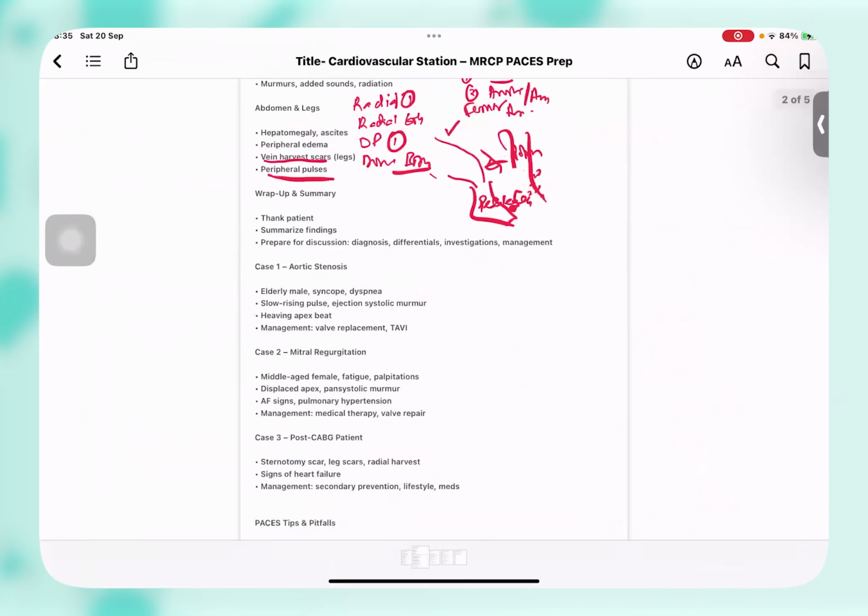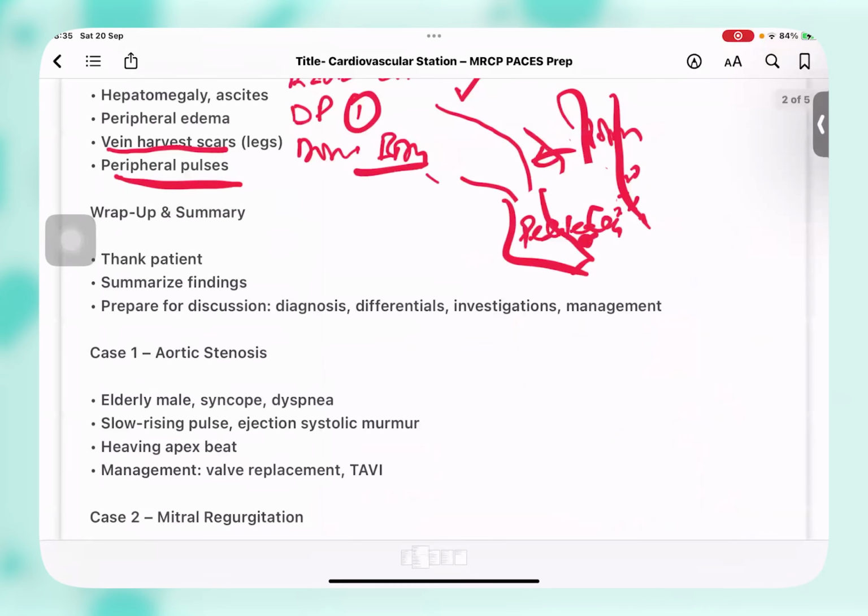Now after checking the pedal edema, thank the patient, summarize the findings and prepare for your discussion, including diagnosis, differentials, investigations. So if I have to summarize, kindly listen to me now very carefully. Wash your hands. While washing, look around, look for any things, greet the patient, tell them I am Dr. So-and-so and I am asked to examine you today.